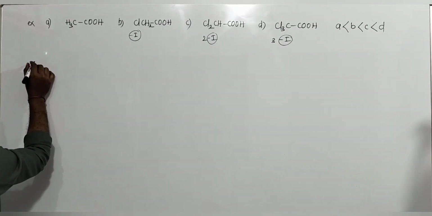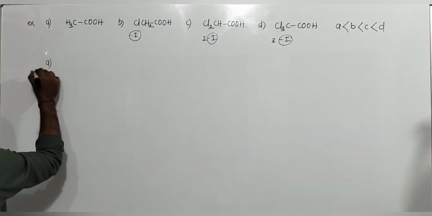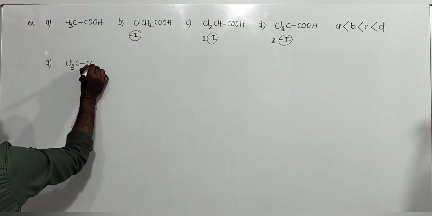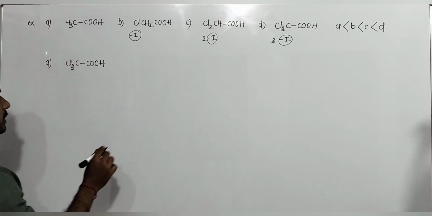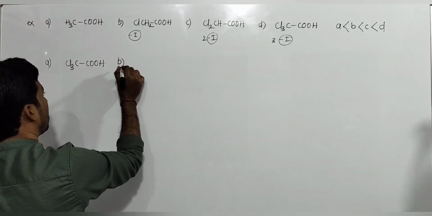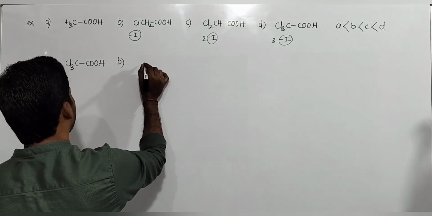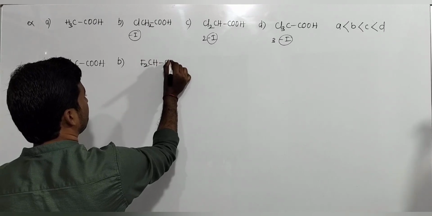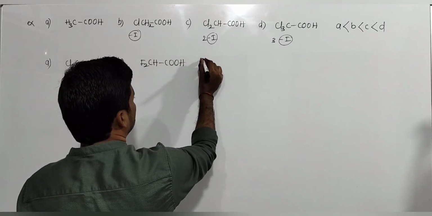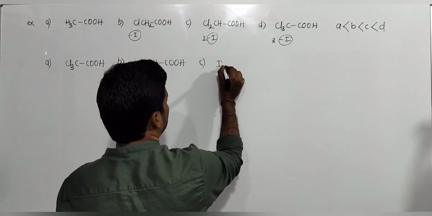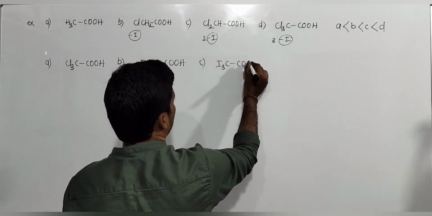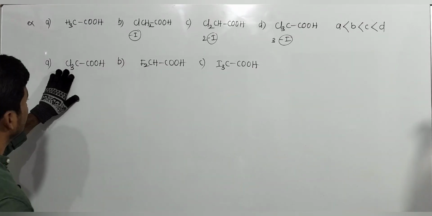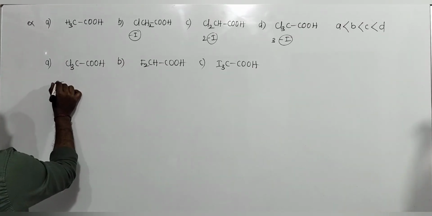Next one, if we see trichloroacetic acid and difluoroacetic acid, next triiodoacetic acid. Among these three, chlorine is minus I, 3 minus I groups.